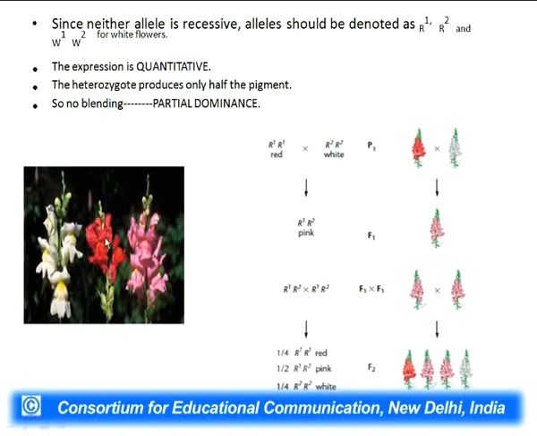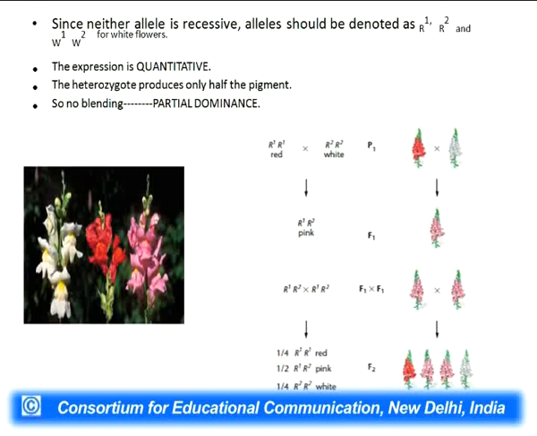Perhaps not. It seems to be more of an expression of a quantitative nature, which means that the red perhaps has both the alleles, and therefore, the proteins for the formation of the pigment are complete. In the absence of one of the capital alleles, it becomes a heterozygous one, and there only half the pigment is being synthesized, and as a result we find that the white one represents no pigment formation at all.